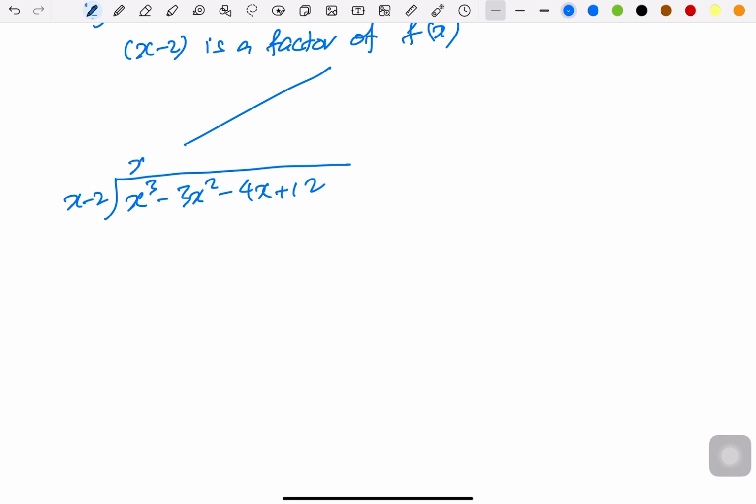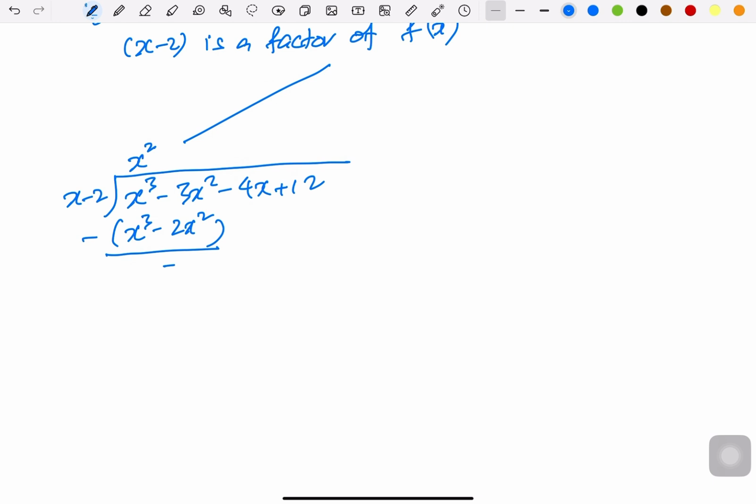After that, x squared multiplied by the whole thing here: x squared times x is x cubed, x squared times minus 2 gives negative 2x squared. So x cubed minus 2x squared, in brackets negative. Negative 3 minus negative 2 will give me negative x squared.